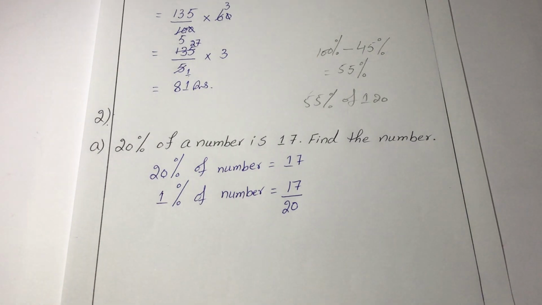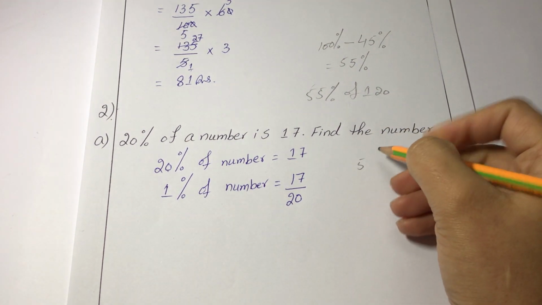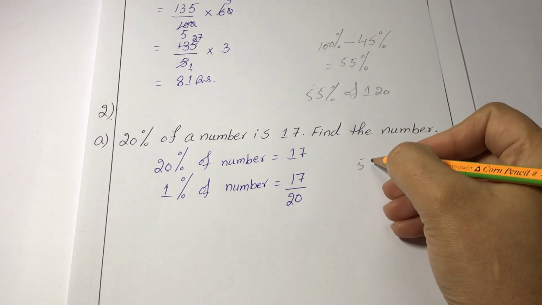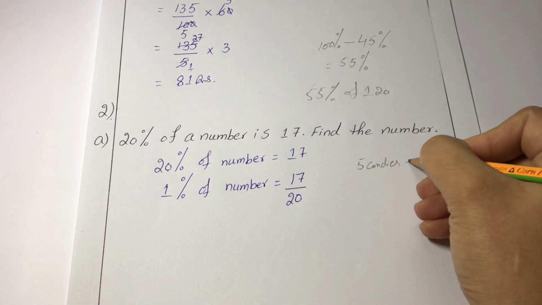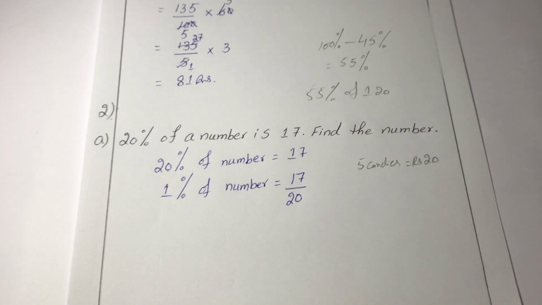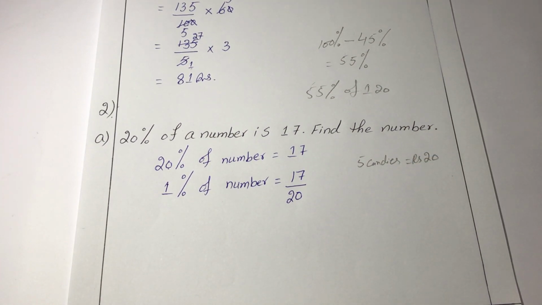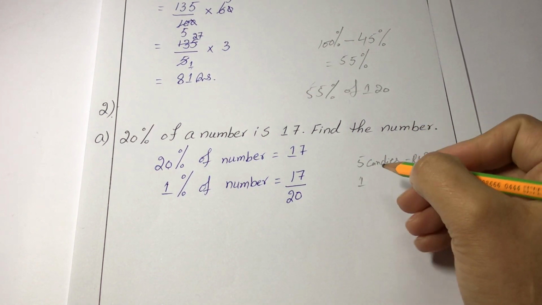For example, if the cost of 5 candies is 20 rupees, you need to find the cost of 1 candy.